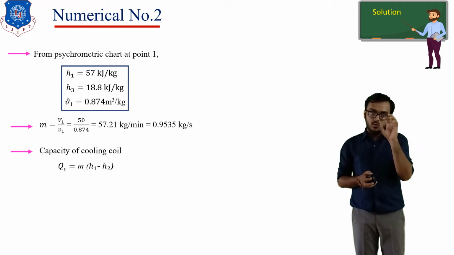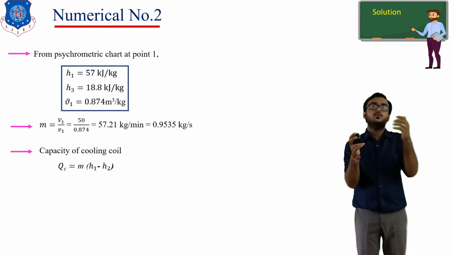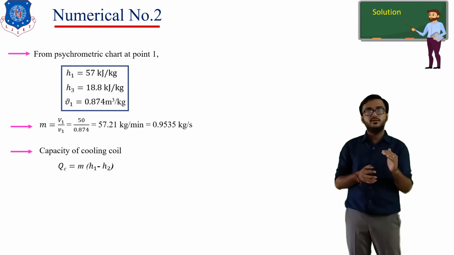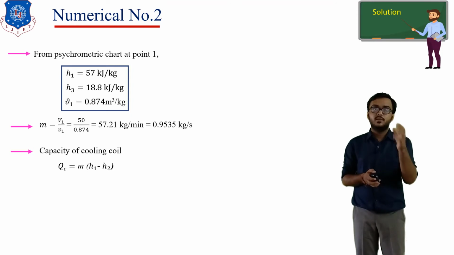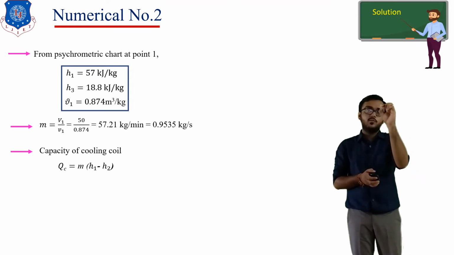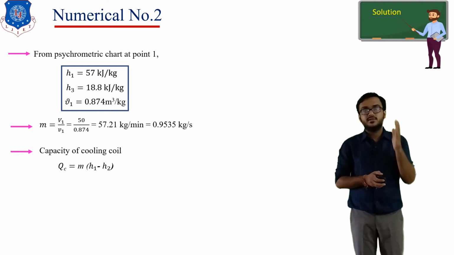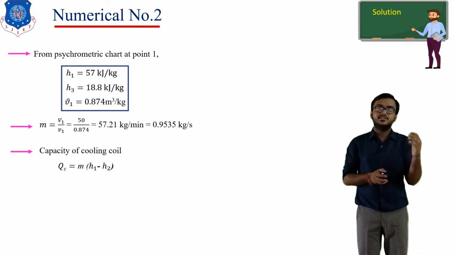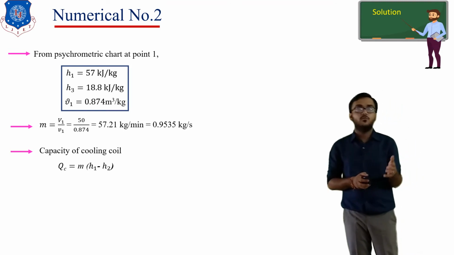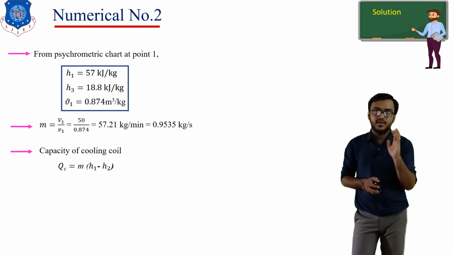So before calculating enthalpy, you need to calculate the mass flow rate, that is capital V1 divided by small v1, where small v1 is the specific volume at point 1. So from the psychrometric graph, H1 is equal to 57 kJ per kg, H3 is equal to 18.8 kJ per kg, while the specific volume v1 is equal to 0.874 meter cube per kg.